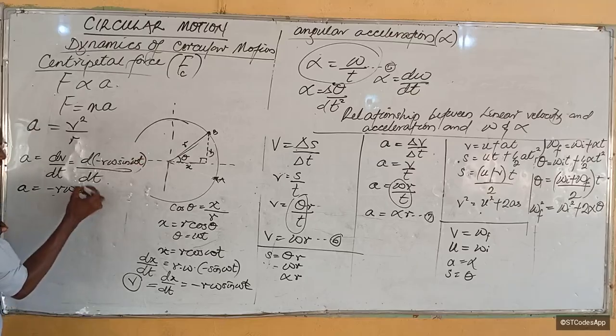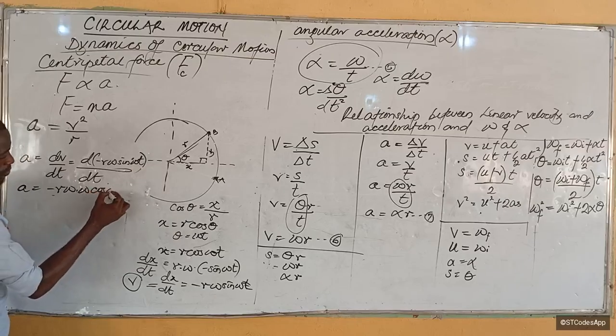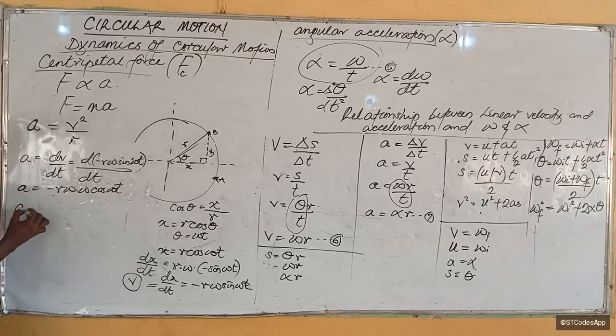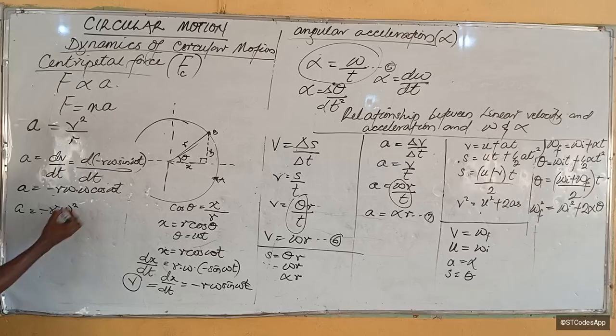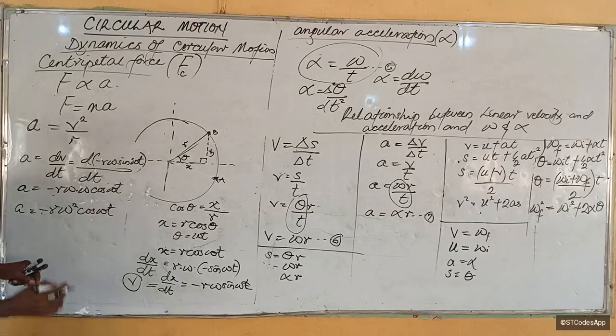Omega will remain omega, right? Then now differentiate sine of that thing, which will now give you cos of omega t. So a therefore becomes negative r omega squared cos omega t.